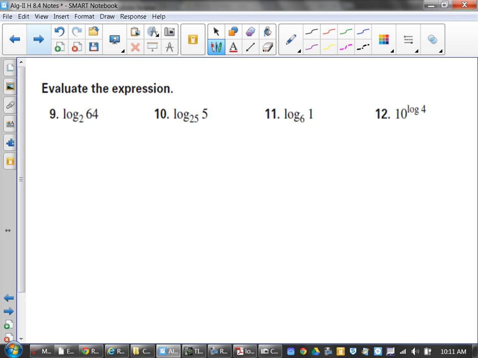Because in order for this to work, it has to be the log base 2 of 2 to the 6th. These 2 values here are both bases. Once those bases are the same, the exponent drops. They have to be the same.